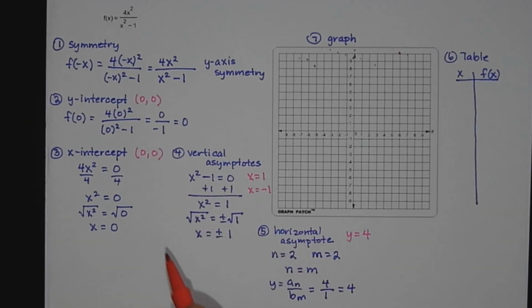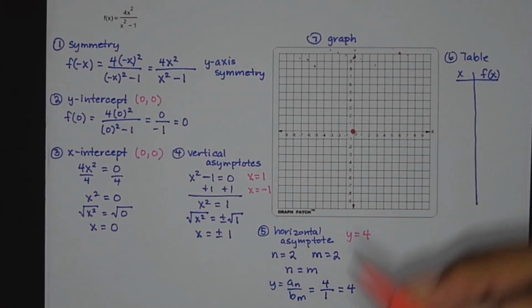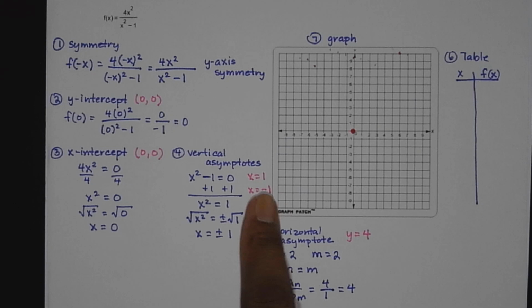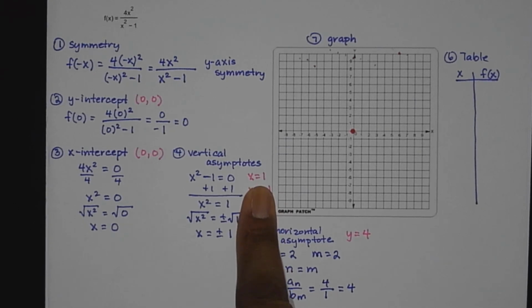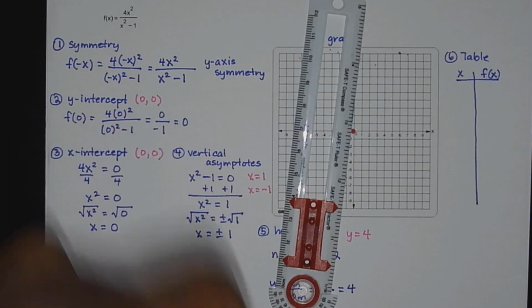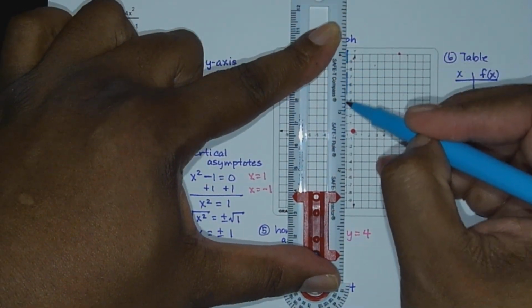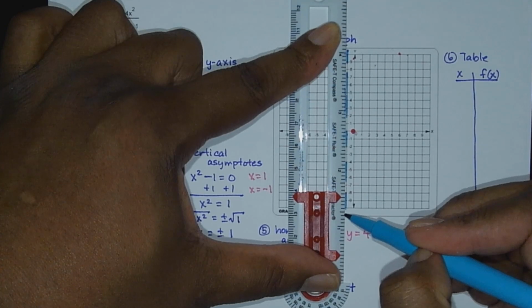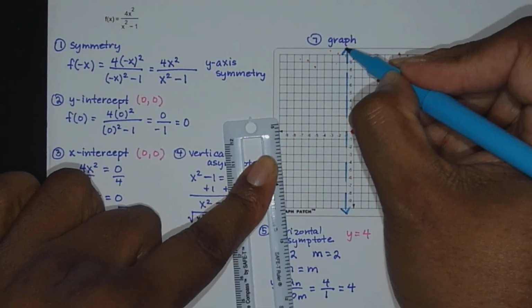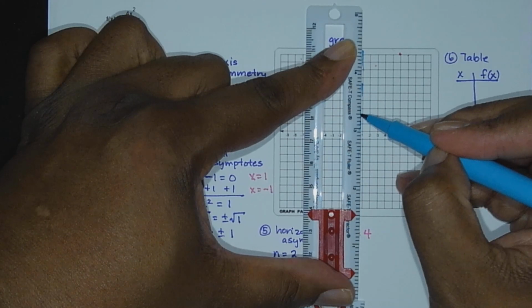I have a y-intercept and an x-intercept, both 0, 0. That's the origin. I have two vertical asymptotes. One is at x equals 1, and the other one is at x equals negative 1. So here's x equals 1, a vertical asymptote. And the other vertical asymptote would be at x equals negative 1.